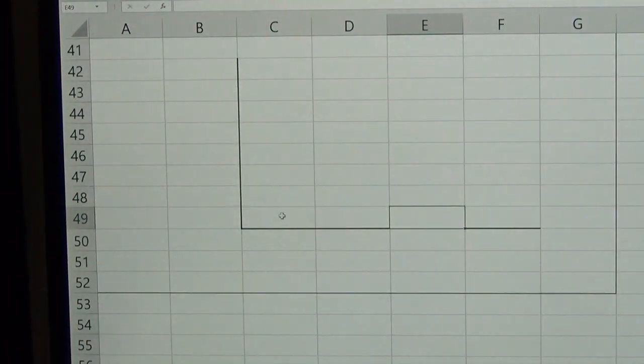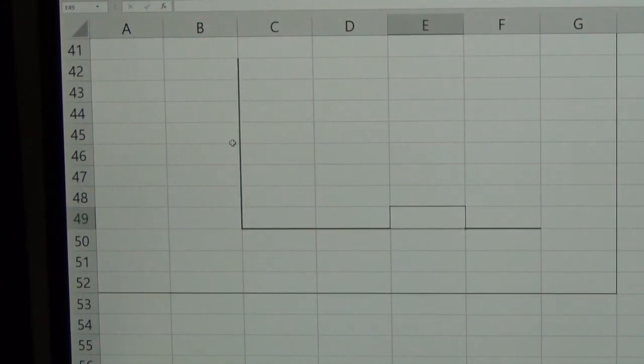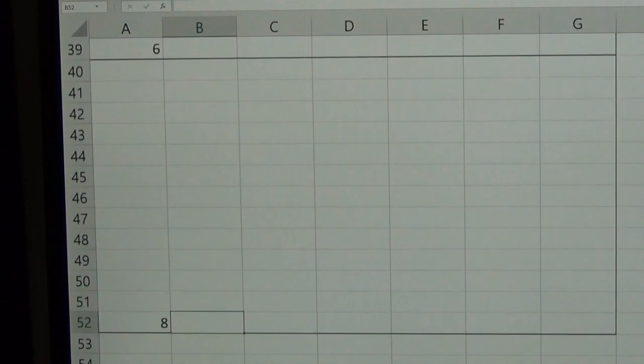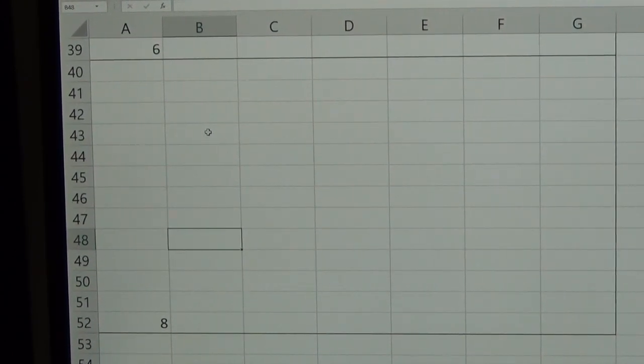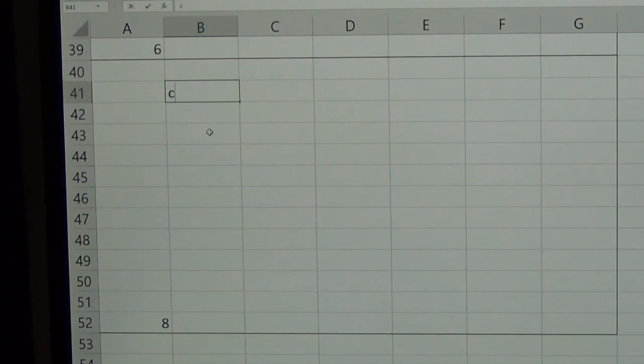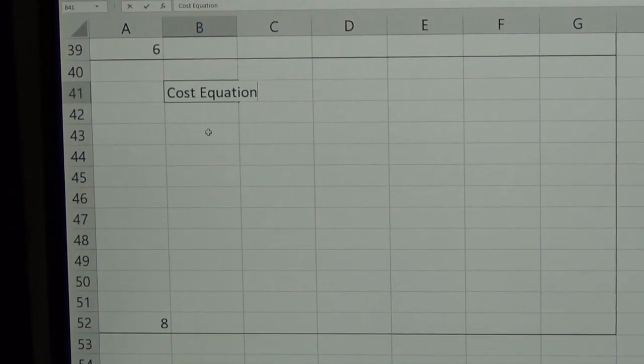You have a linear equation. And then we can take a look at a cost equation, and it's going to be specifically for variable costs.